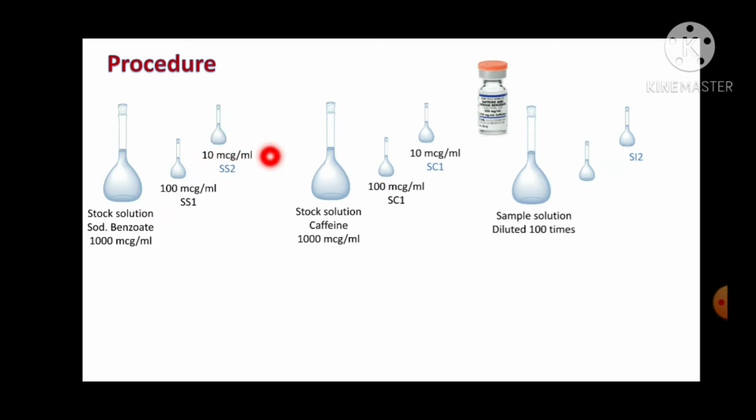So what we need to do is take this one, which is 10 microgram per ml of sodium benzoate, then this one, again 10 microgram per ml of caffeine, and the sample which we have diluted, which contains both compounds, sodium benzoate as well as caffeine. By using the simultaneous equation method, without separating them from each other, with the help of simultaneous mathematical equations, we will find out the concentration of these two components.